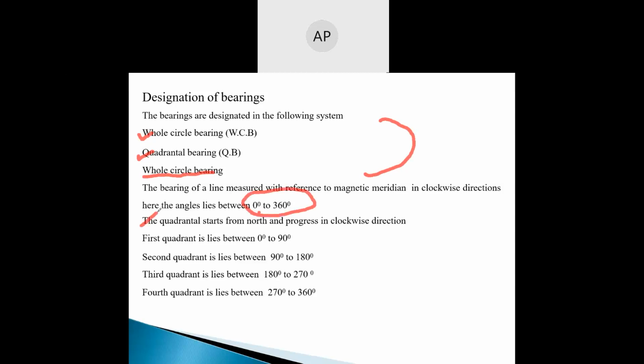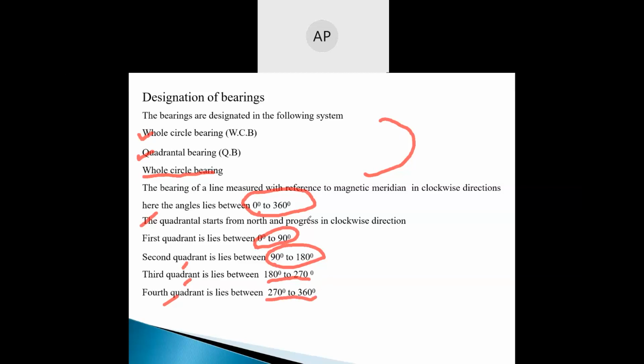And the quadrantal starts from north and progresses in clockwise direction. The first quadrant lies from 0 to 90 degree, the second quadrant 90 to 180, the third quadrant bearing lies between 180 and 270, and the fourth quadrant, suppose your angle is in the fourth quadrant, then the angle lies from 270 to 360 degree.